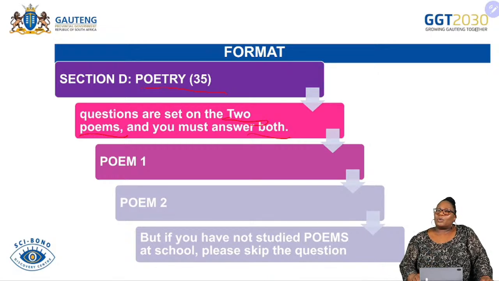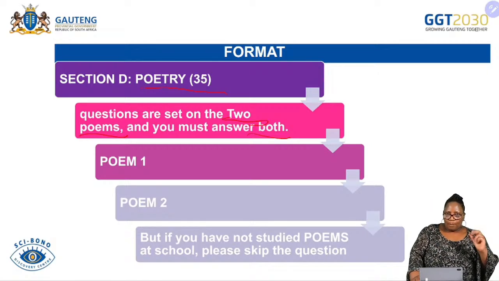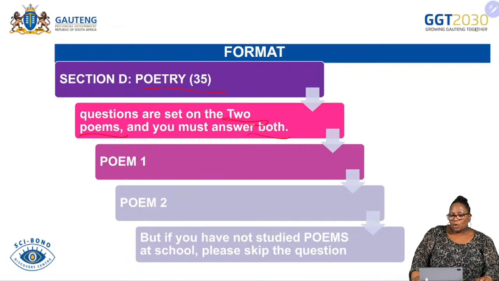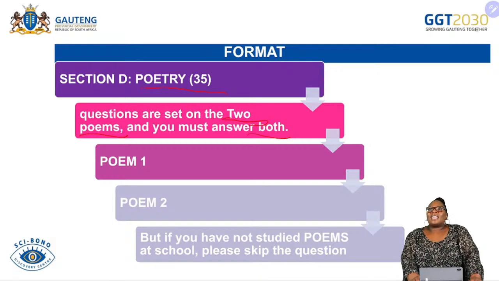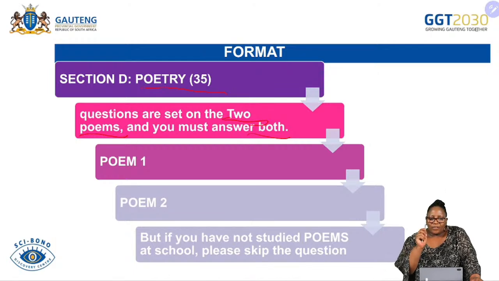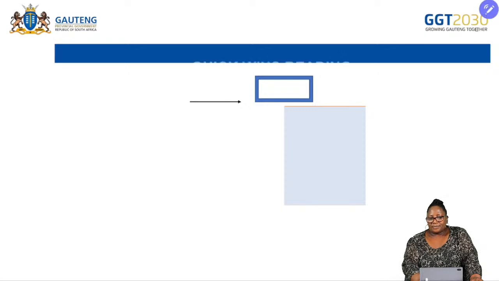The questions will be derived from poem 1 and also poem 2. So it will be about 17 marks plus 18 marks, or 18 plus 17, and that will give you 35 marks. But if you have not studied poems at school, please skip the question.